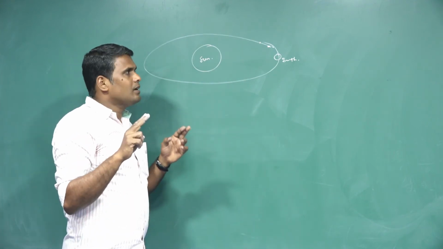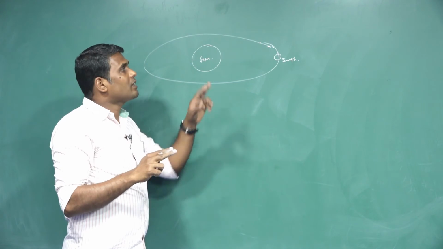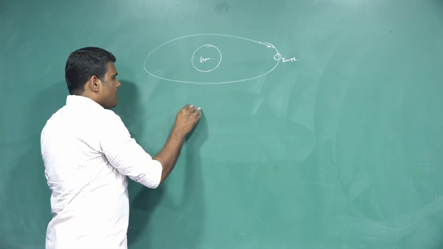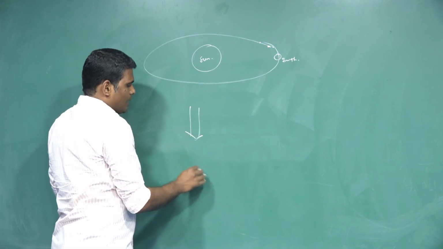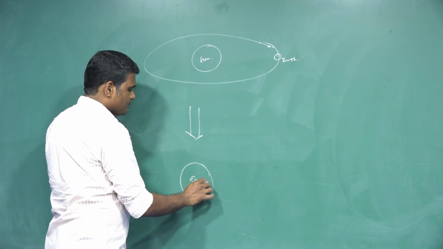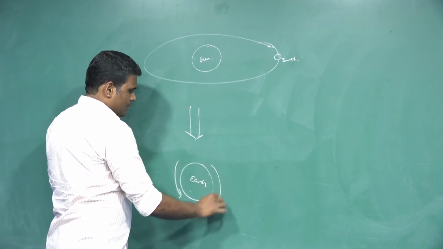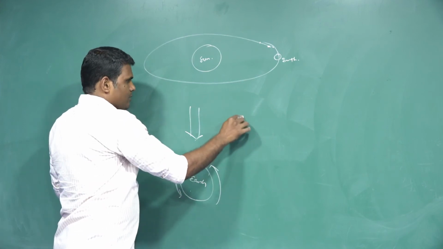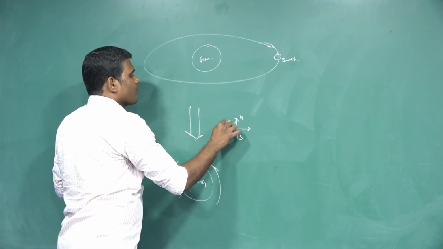So here, if you speak about the movement of Earth with respect to sun, it possesses two velocities. So if sunlight is allowed to fall on the Earth, this is Earth. Earth is rotating from west to east. So I can show you the direction also.